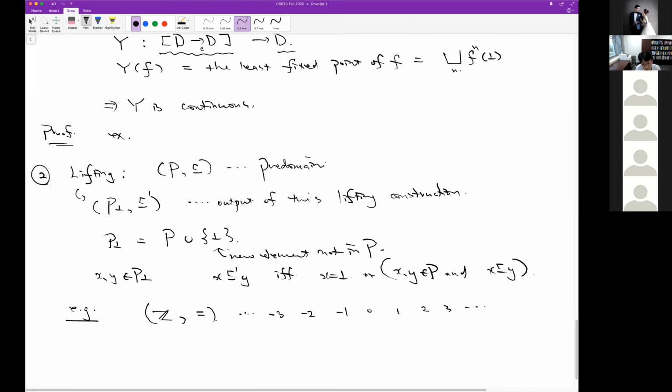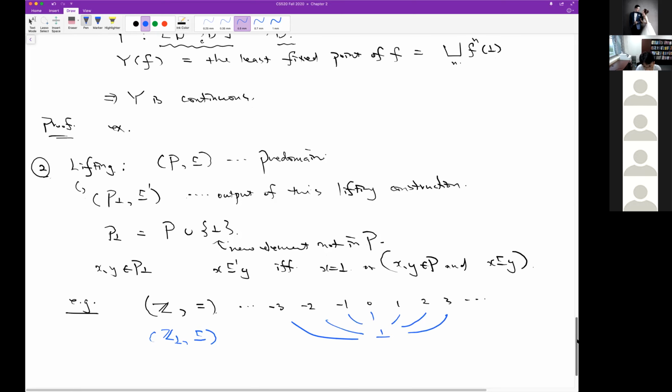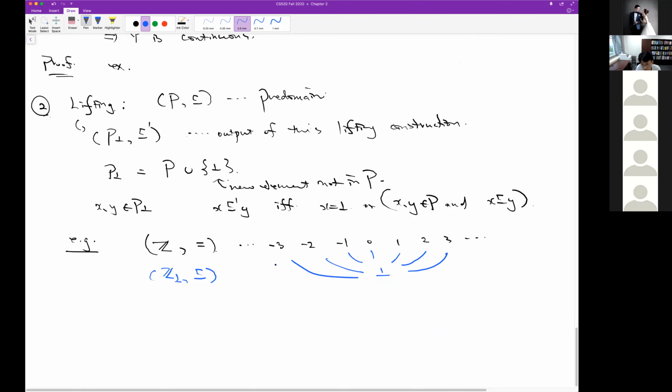In this setting, some integer is less than or equal to another integer precisely when they are equal. Now, if you apply Z bottom, that corresponds to putting a smaller element bottom, and then putting all the other things above. So you can see why this one is called lifting. It lifts all the available elements by one step in some sense. That's why this is called the lifting operator.